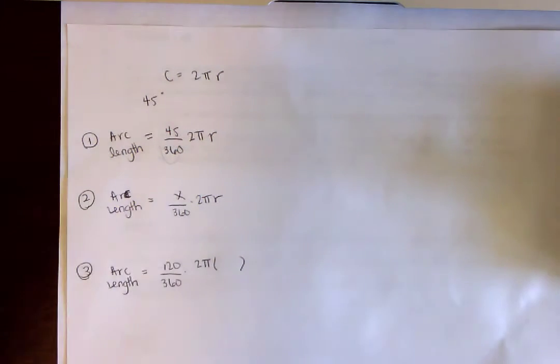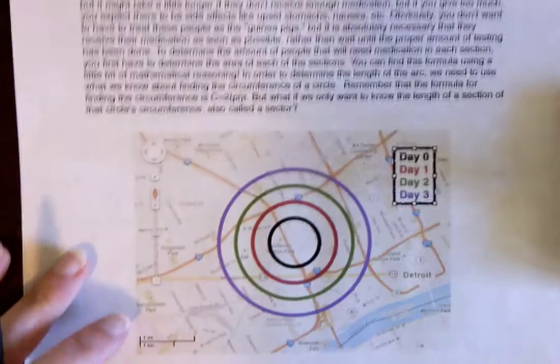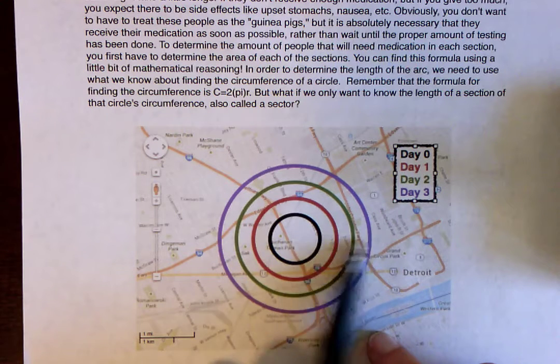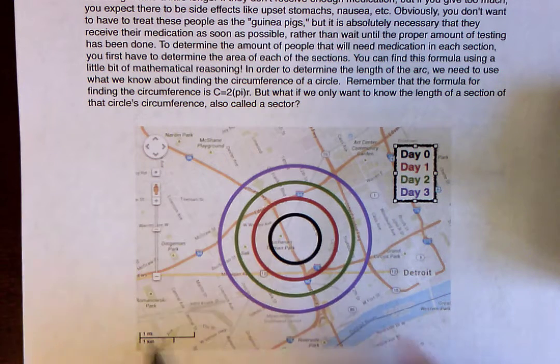What is r? So if we look back on this thing right here, day 3, when I measured this out, I got about 1.25 miles using this down here. And again, yours might be slightly different.